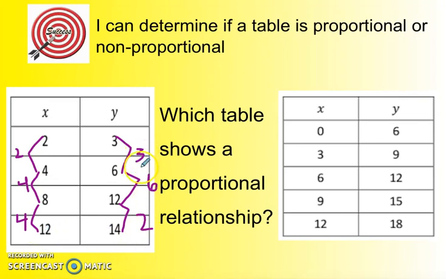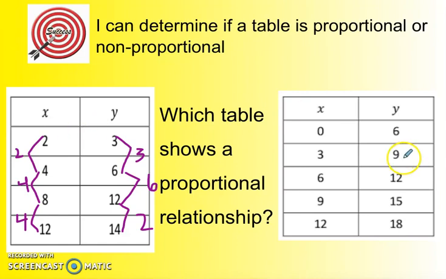I notice that the slopes are not the same. That means this line would not constantly increase. That means it's not a perfectly straight line. Okay, and that is one of the criteria to be a proportional graph, to make sure that you have a constant rate of change.